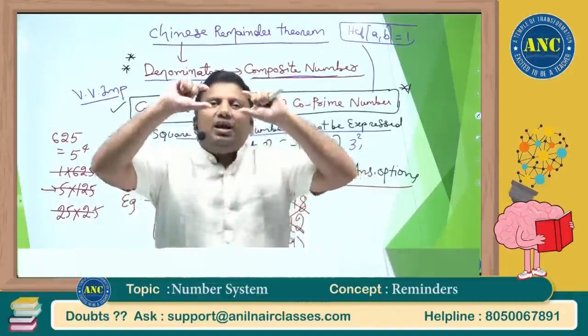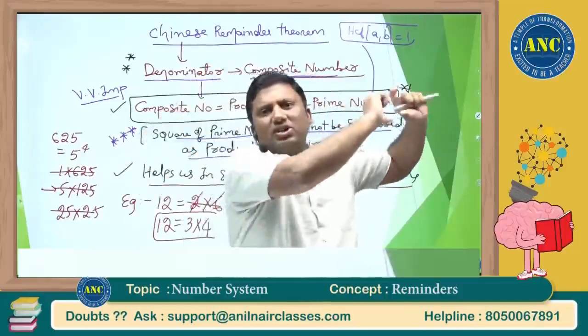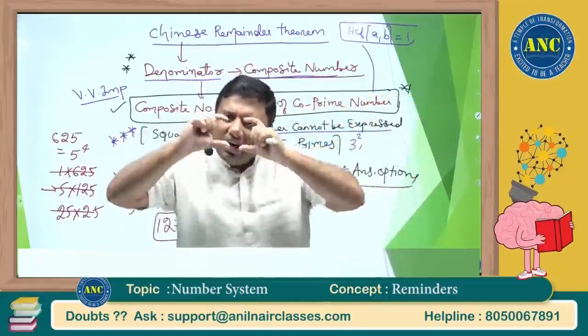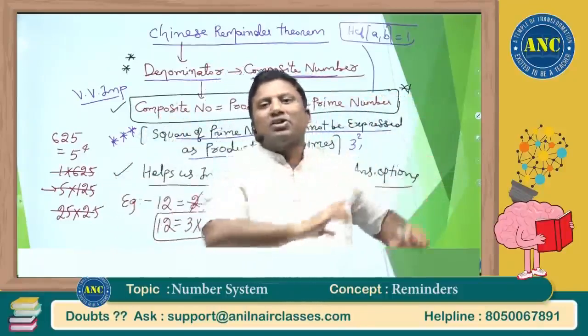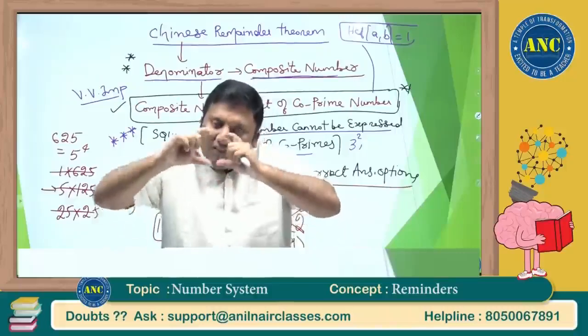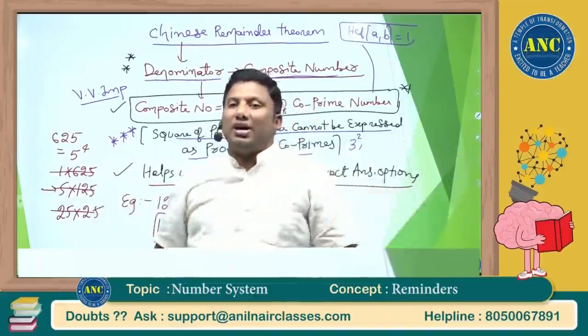That is the reason the divisibility rule of 2 is different from 4, 8, 16, and 2 power n. Divisibility rule for 3 square, 3 cube are also different. Divisibility rule for 5, 5 square, 5 cube, and so on are different.